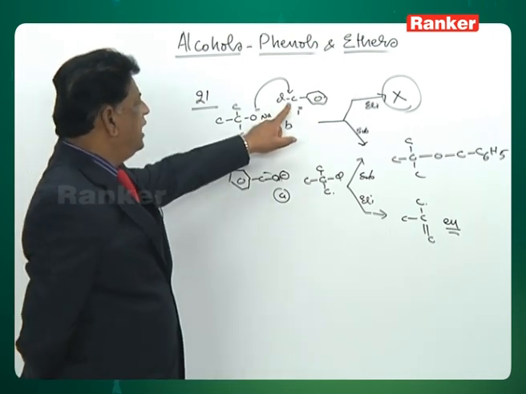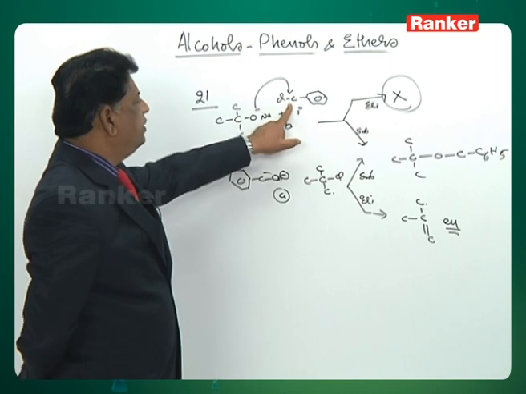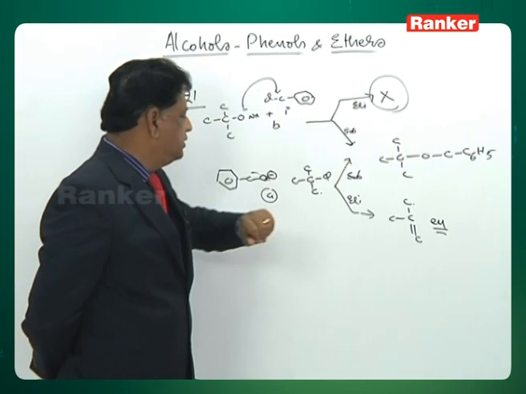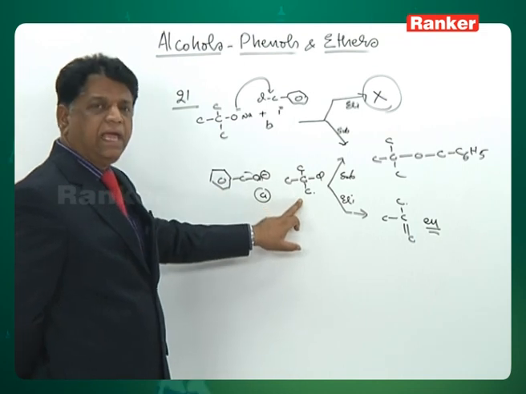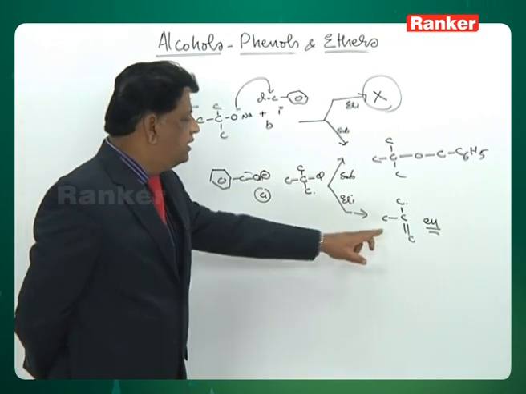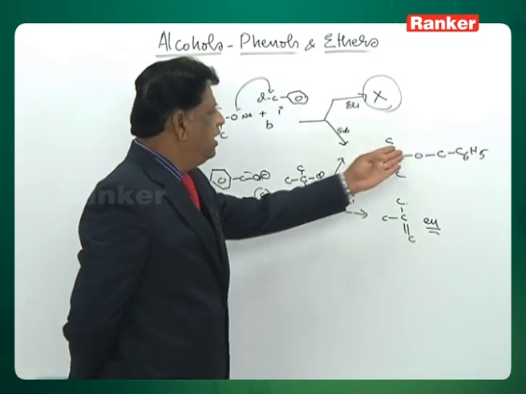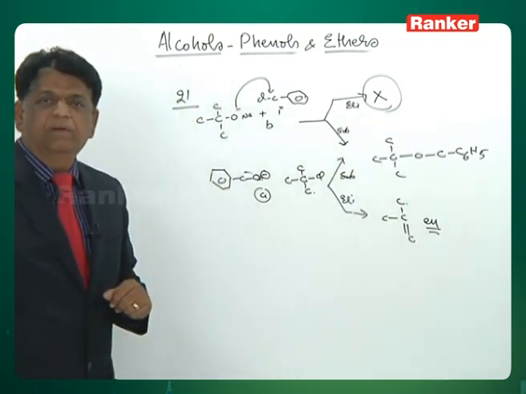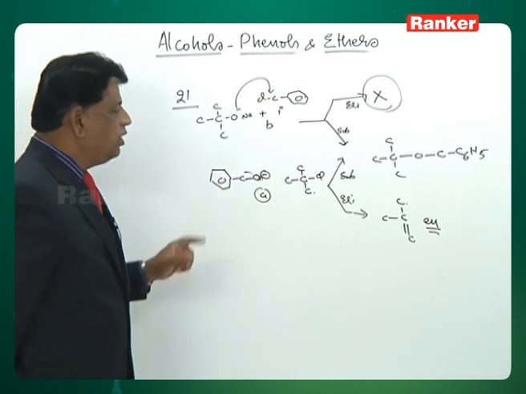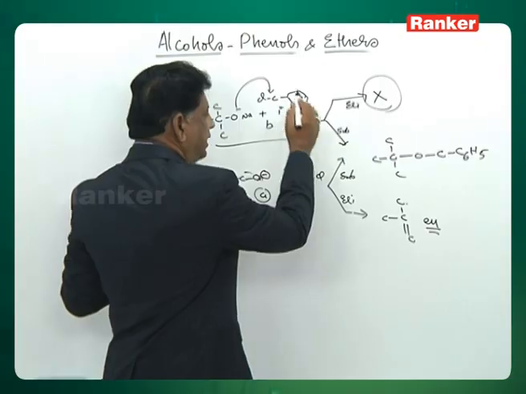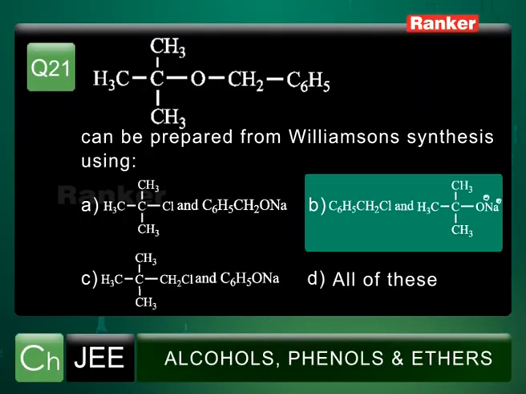It is a 1 degree alkyl halide and therefore elimination is not taking place. Substitution is the main one. If you take a tertiary alkyl halide, naturally elimination will be the byproduct. If a huge amount of elimination takes place, our main substitution product becomes less. So answer B is the right answer.